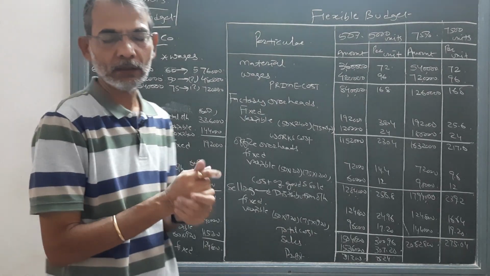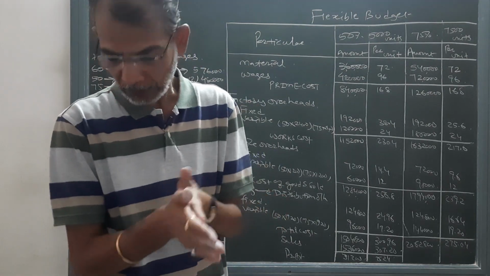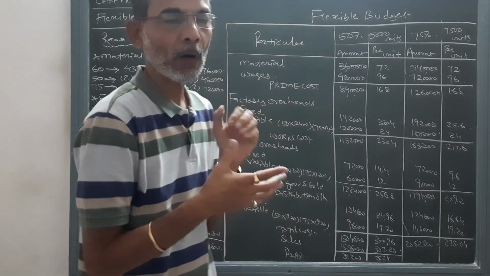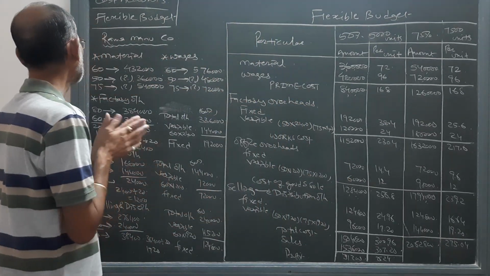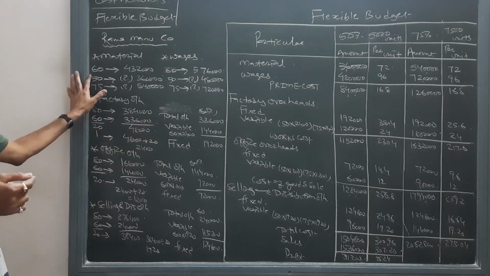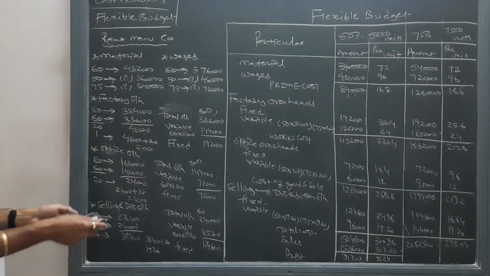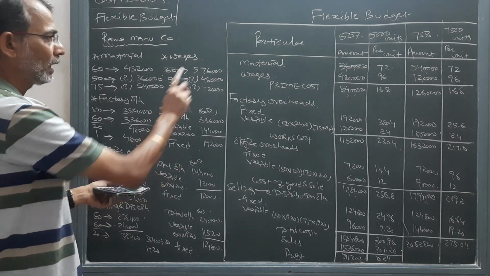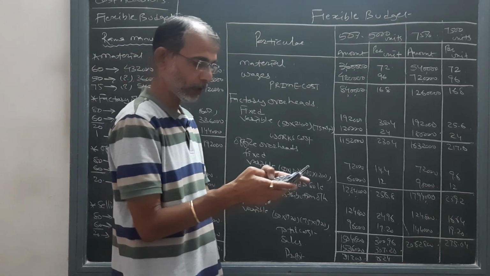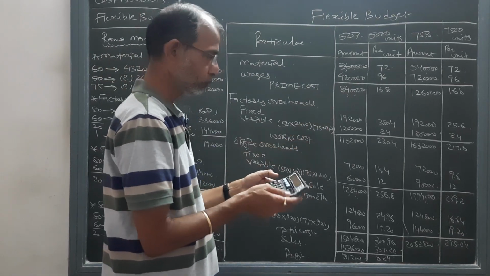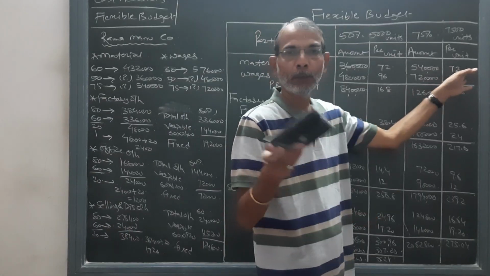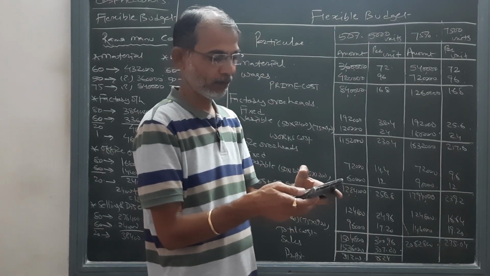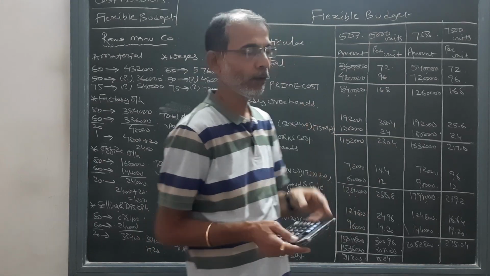Now if I repeat, as direct material and direct wages are totally variable, the amount of that can be found out easily. Material at 60% capacity is 432. So 432 divided by 6 into 5, that was 360, divided by 5000, is 72. Here per unit amount will be the same, so 72 multiplied by 7500 will be 5,40,000.